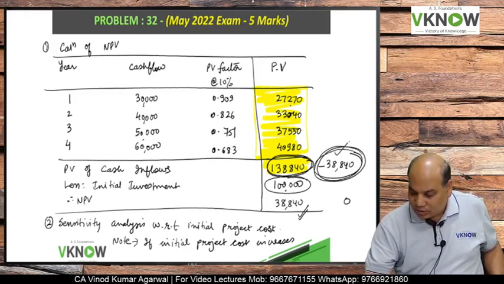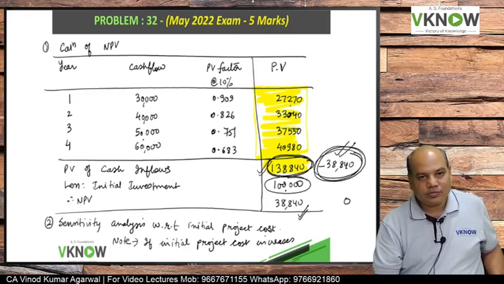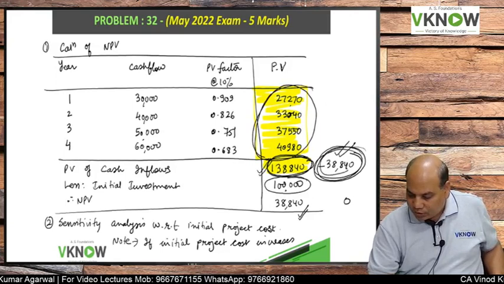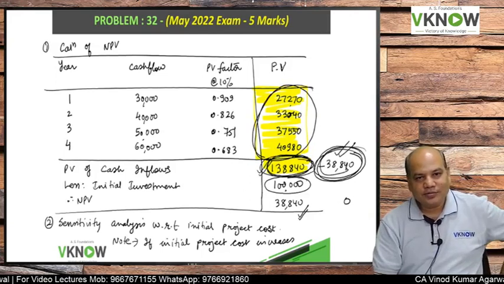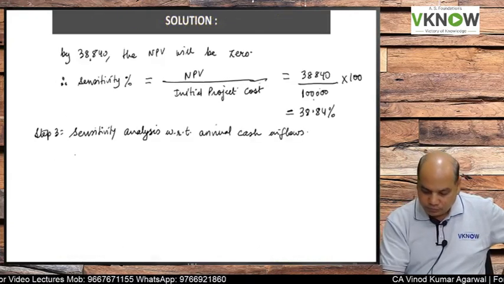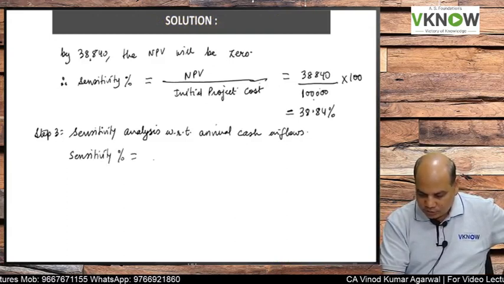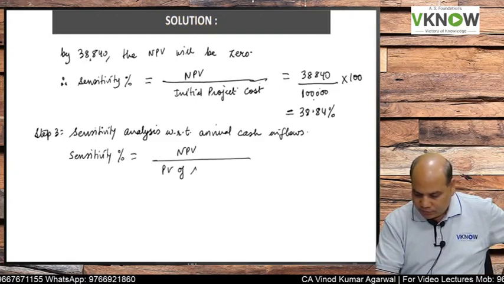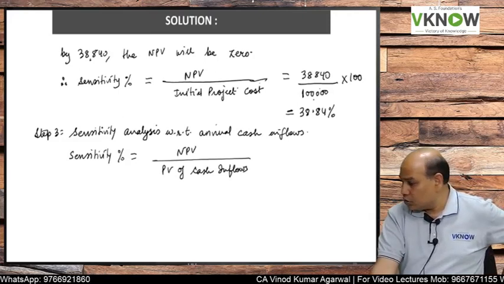So the answer will be 38,840 divided by 138,840. That is why I first got this answer in this format. Easy for me to explain and easy for you to understand. Got it? So write down sensitivity percentage equals NPV divided by present value of cash inflows.